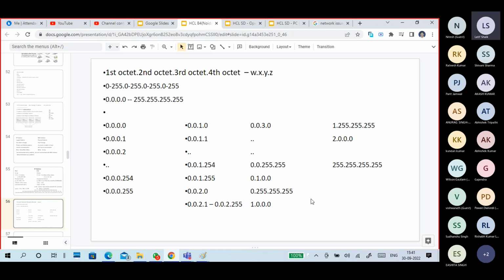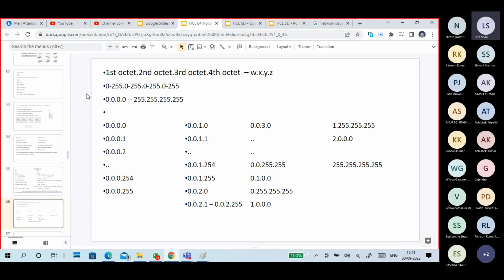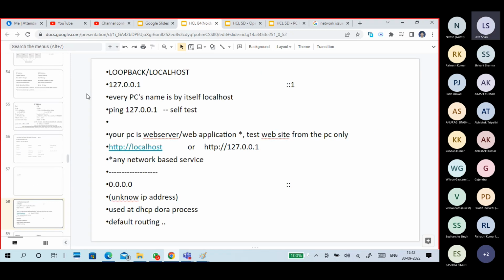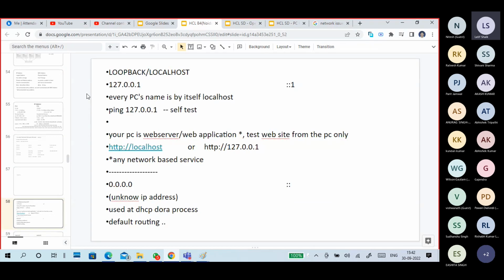Any octet we take must be 0 to 255 only, not more than 255. The total range of IPv4 is 0.0.0.0 to 255.255.255.255. So this is the total range of IP addresses.